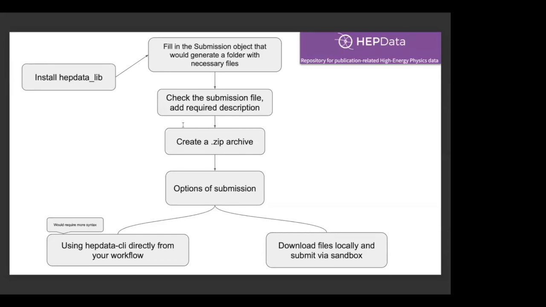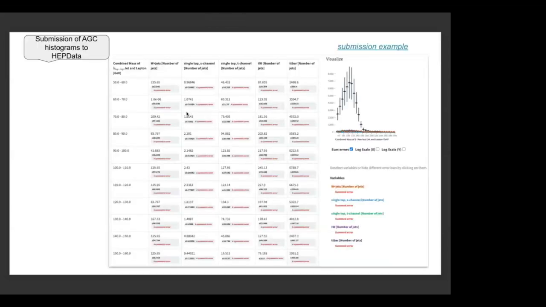Then you have two options. By installing the HEPData client, you can submit directly while running your workflow, for instance on REANA, or you can download the files locally and then submit them via the sandbox. Here's the UI interface.